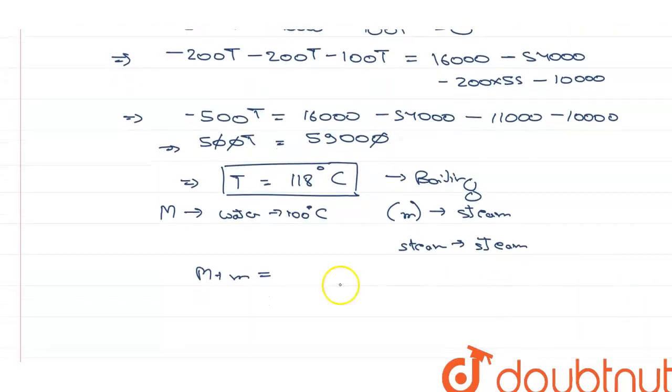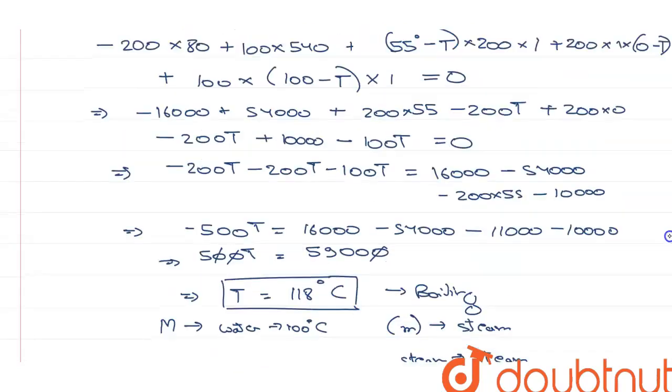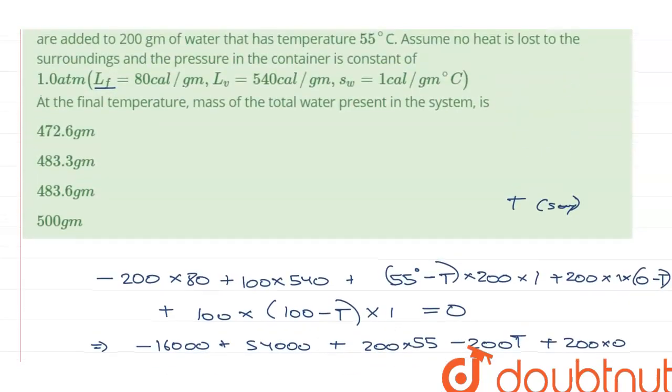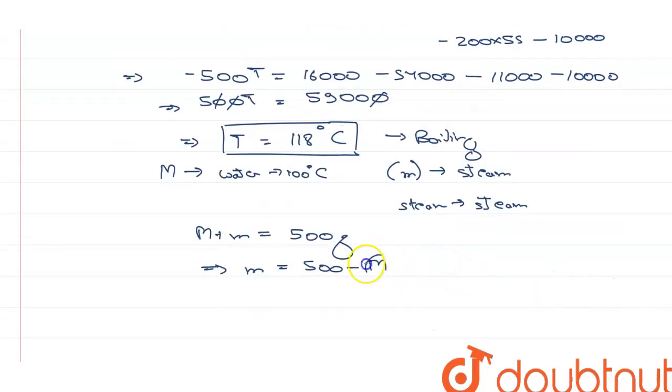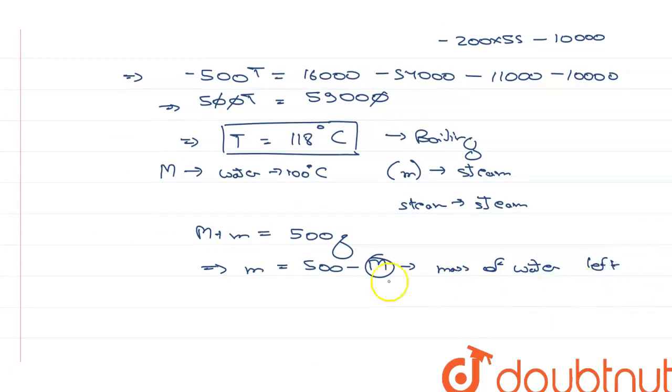So 500 grams, which means small m can be written as 500 minus capital M. And we have to find the mass of the total water present in the system. So this capital M is the mass of water left. Okay.